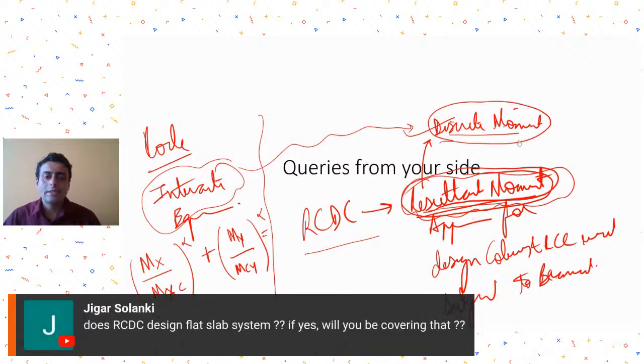Then Mr. Jigar is saying, does RCDC design flat slab systems? No. RCDC as a default designs the slabs using the coefficient based method. So it is not able to consider slabs as an FE element. It does it using the coefficient based approach.